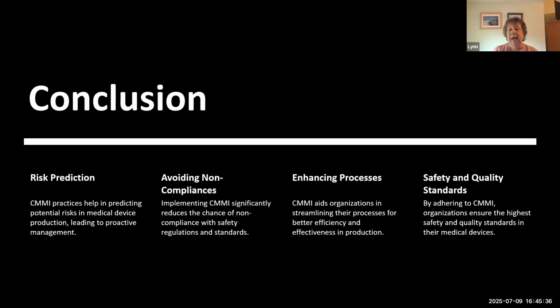We want to enhance processes, and by enhancing processes, that means we want the organizations to perform more efficiently, more effectively, with better products out there, and a better ability to put products out there in a timely manner.